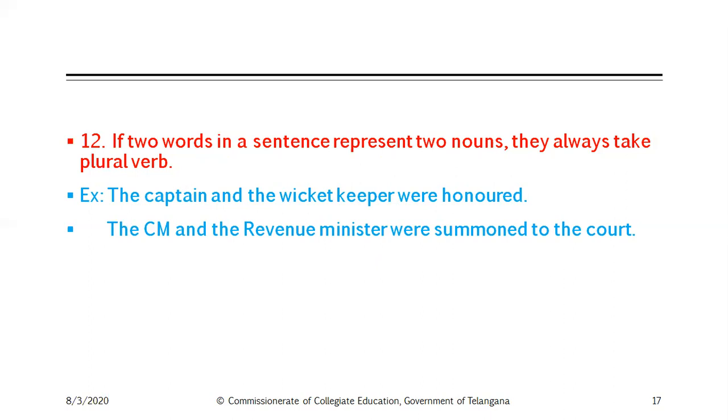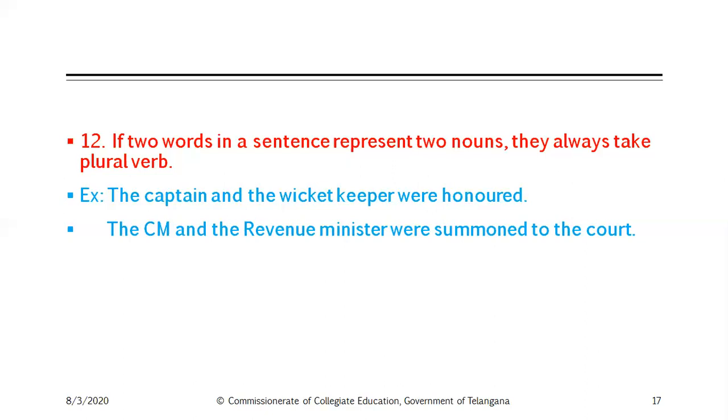They were honored. The CM and the revenue minister were summoned to the court. The CM was summoned as well as the revenue minister was summoned. Two different persons are there. Who are they? The CM, the chief minister, and the revenue minister.